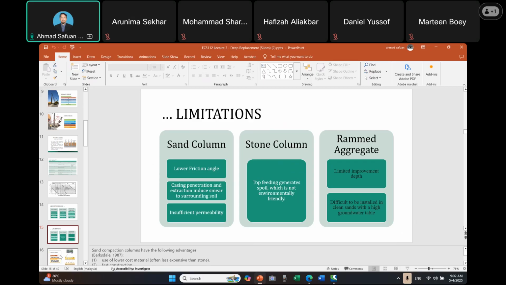For the stone column, the use of the top feeding generates spoil, which is not environmentally friendly. To overcome the issue of the top feeding, that is why they introduced the bottom feeding system.